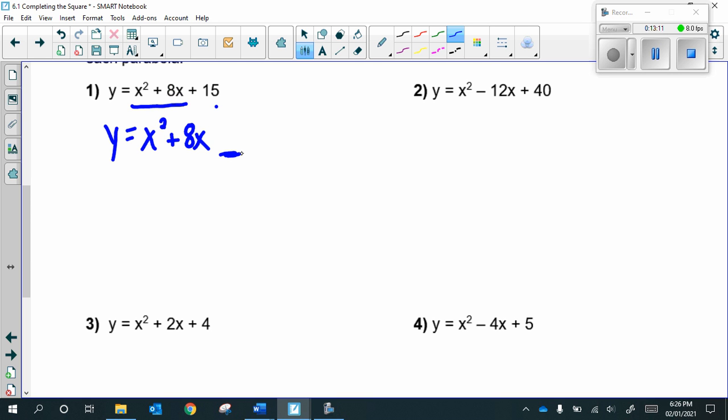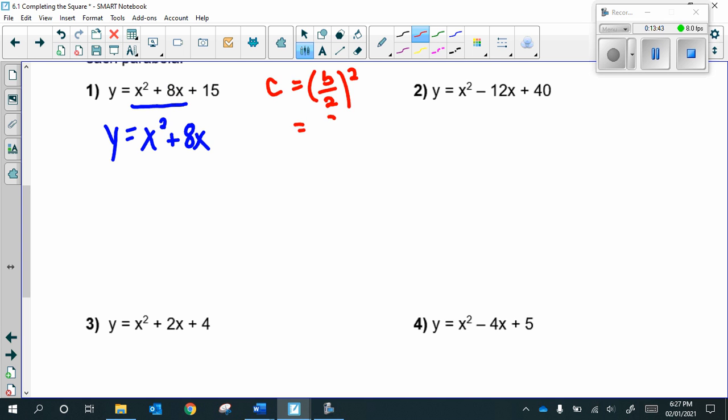Well, we do exactly what we did on the other page. We are going to create a perfect square. Here we go. To find our magic number, the magic c value here, I'm going to take the b value, halve it, so divide it by 2, and square it, just like we did on the other side.